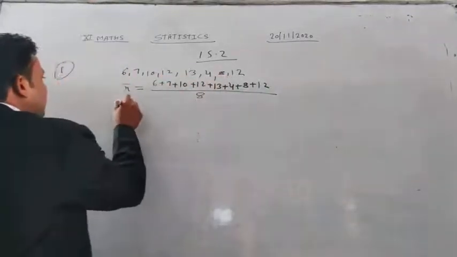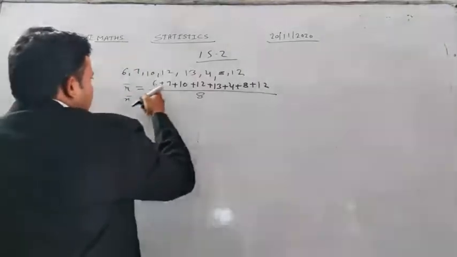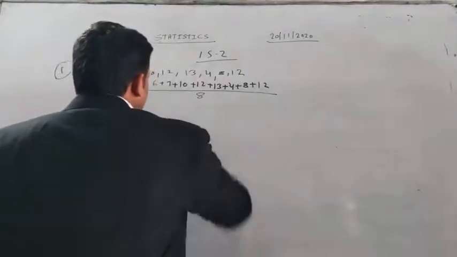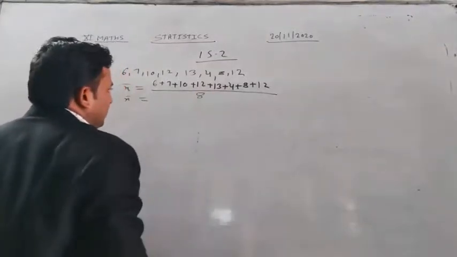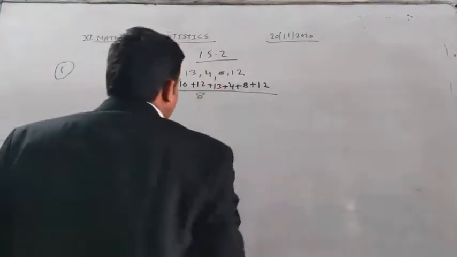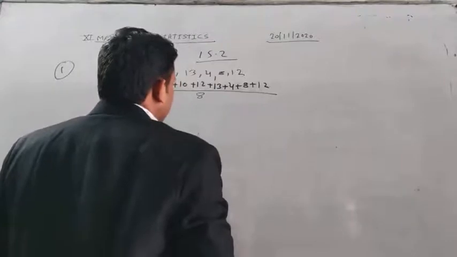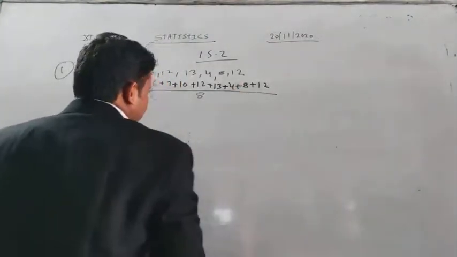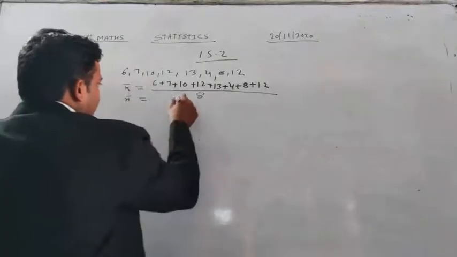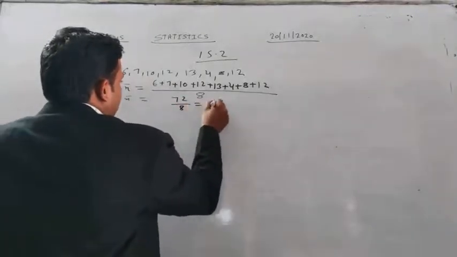Now x bar will be 6 and 7, 13, and 10, 23, and 12, 35, and 13, 48, and 4, 52, 60, 72, divided by 8.